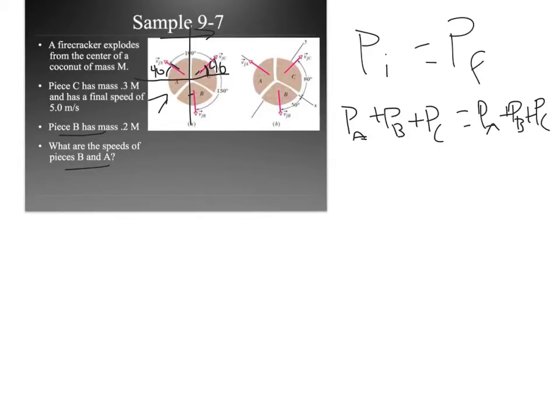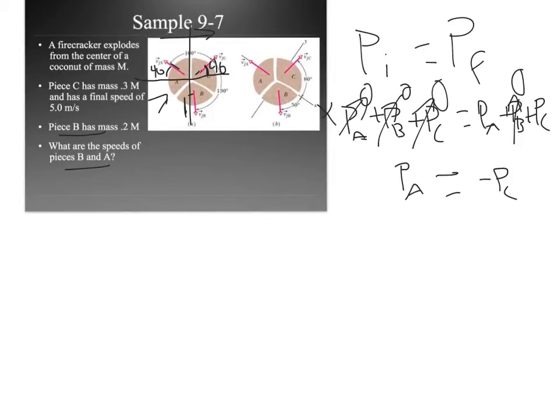Before and after are all equal to 0 because before it's at rest. After, since object B is acting entirely in the vertical direction, its x momentum is 0. So that tells us that PA, all in the x direction, is going to be equal to negative PC.